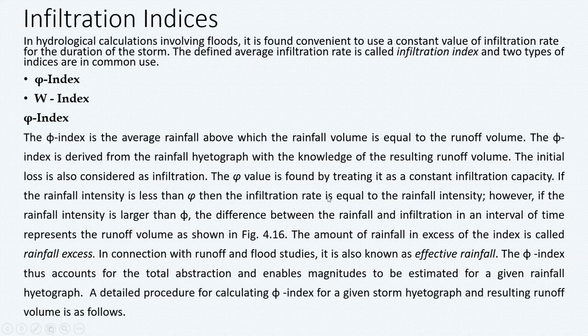The phi value is found by treating it as a constant infiltration capacity. If the rainfall intensity is less than phi value, then the infiltration rate is equal to the rainfall intensity. If it is greater than, only then you have a runoff.